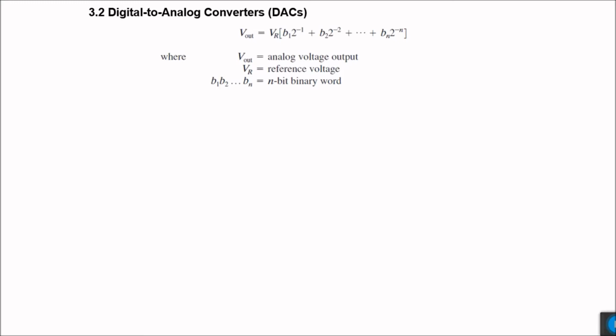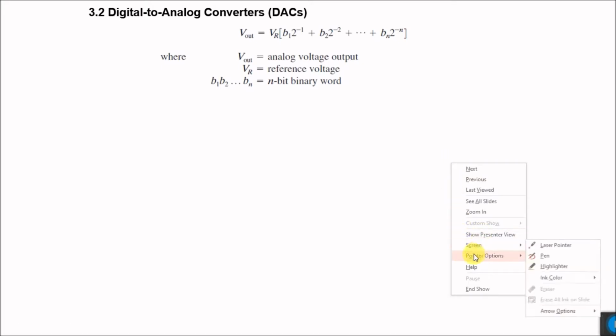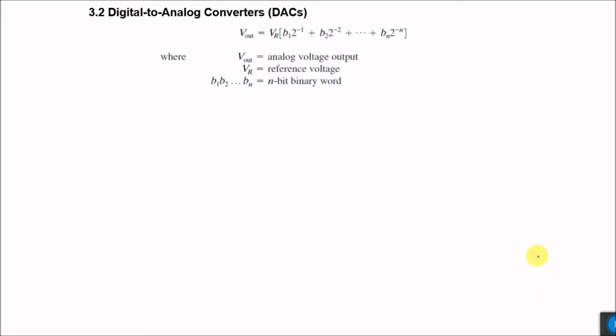But for now, let's see what is the formula that is used by the digital to analog converters to convert that digital input into an analog output.